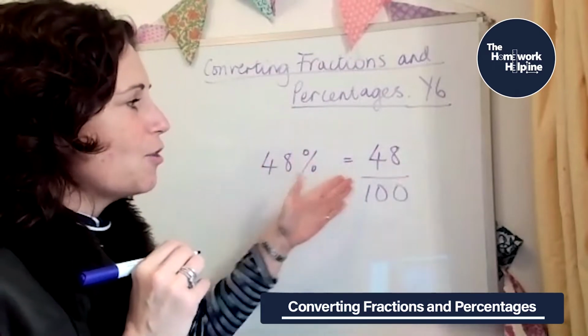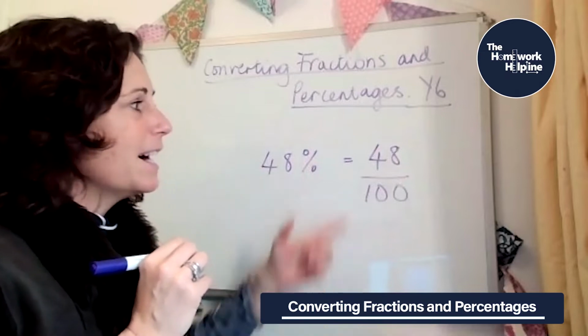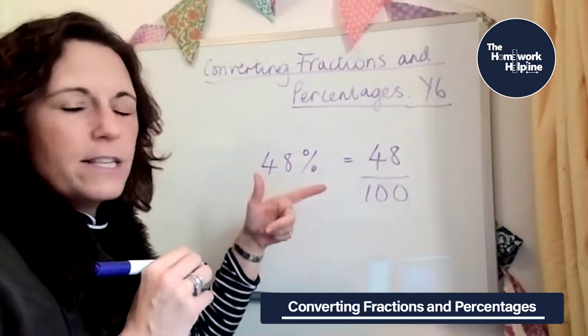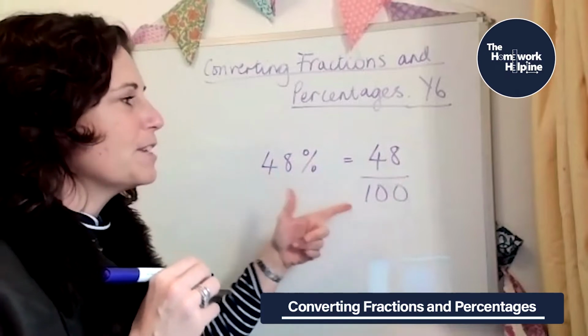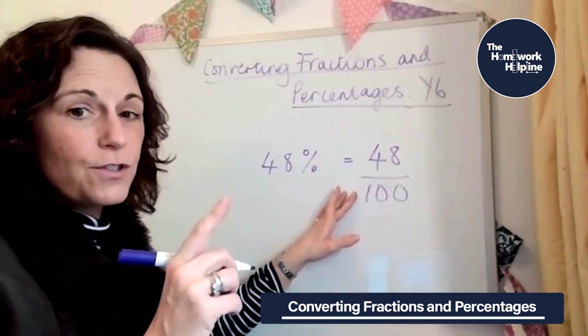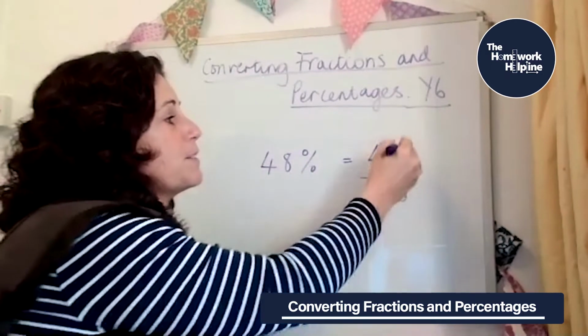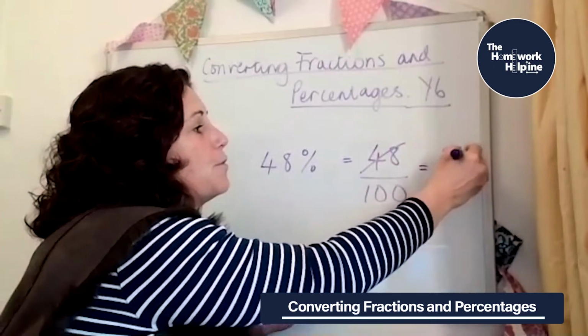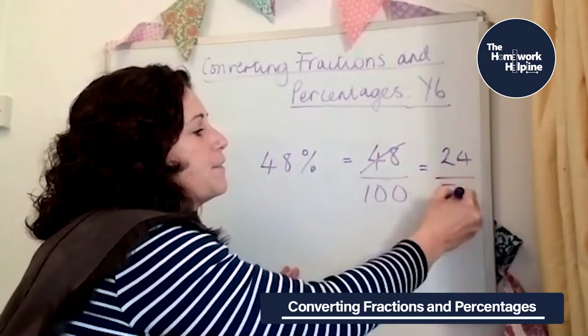Clearly that is not in its simplest terms. I can simplify it easily because they're both even numbers, in the 2 times table. So divide by 2, divide by 2. Remember, you have to do to the top what you do to the bottom to find equivalent fractions. Half of 48 is 24 and half of 100 is 50.